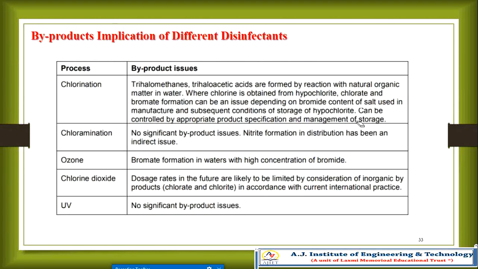There we can use chlorination with little concern.